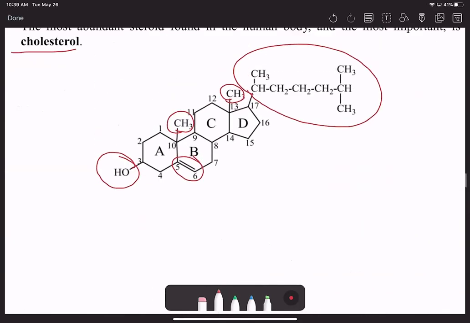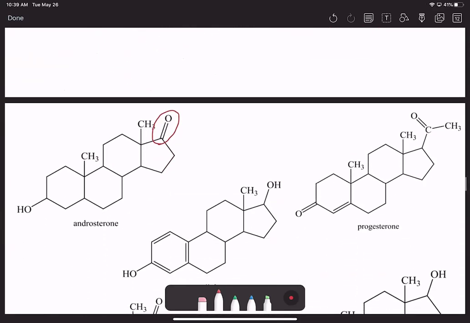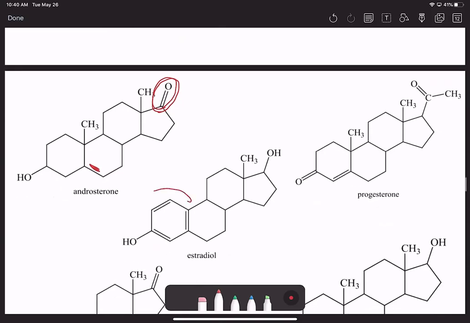So instead of an alkyl group here, it's pretty similar to cholesterol, except it doesn't have that double bond. And we have a ketone structure instead of an alkyl group there. Right? Then we have, look at this, a phenol group here, an alcohol group.